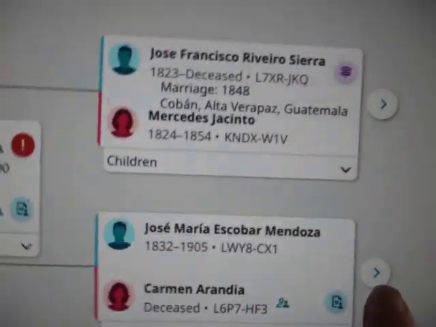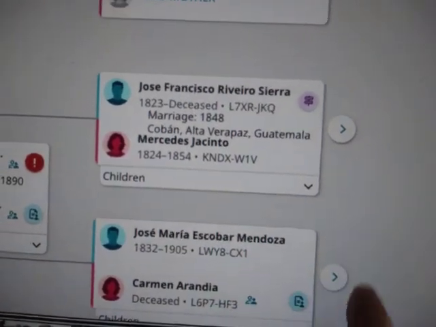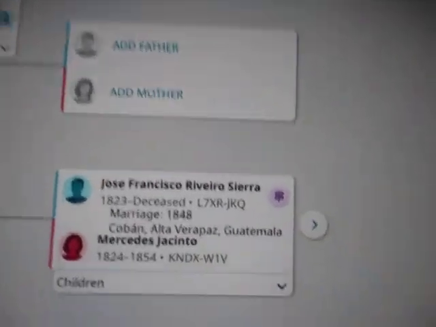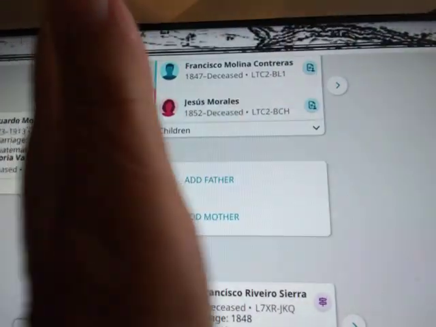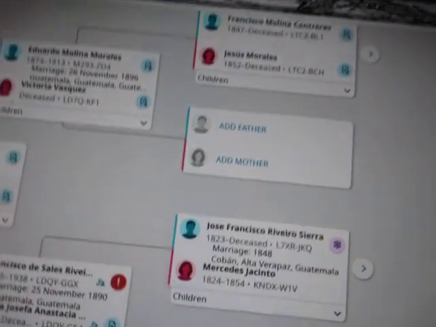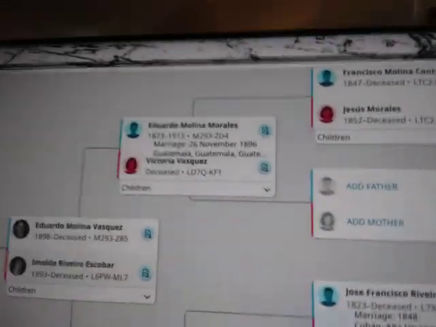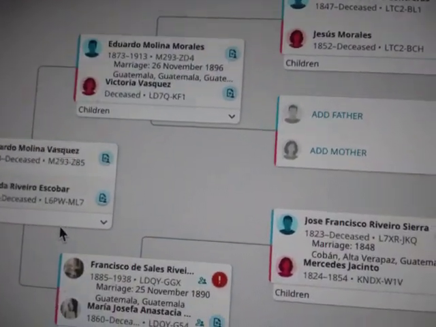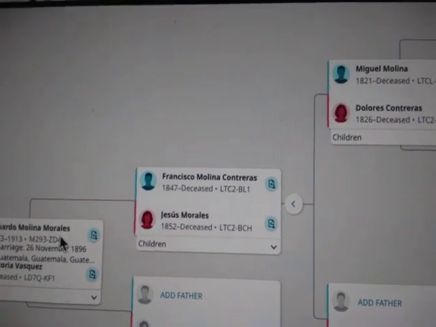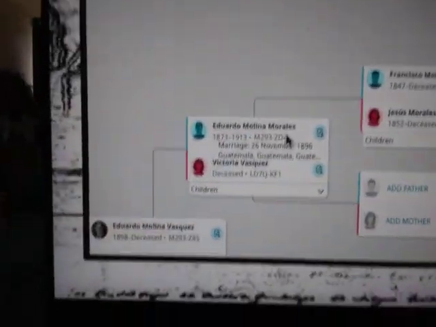And the same here. In this family, they have information on both. So if we click these arrows, the family tree goes even further beyond, further on into the past. Like this one here.